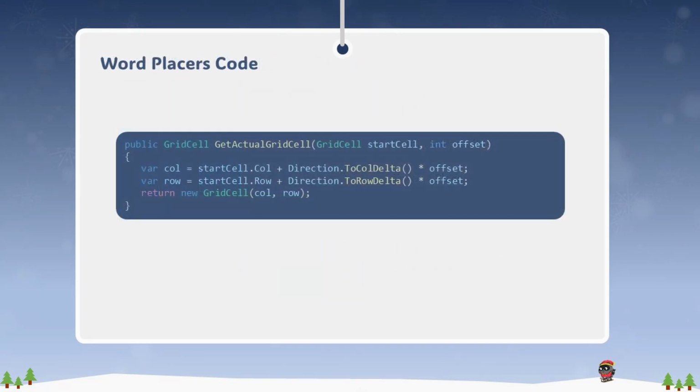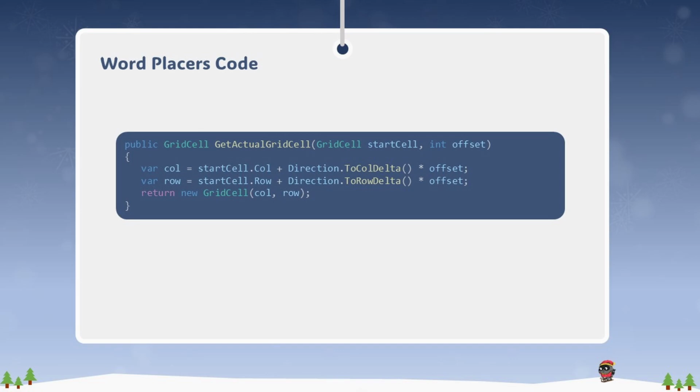So what does the code look like for each of these placers? Well, actually all the placers share 90% of the same code. When we want to actually get a cell location for the next letter in the word, we use this simple method here. This method takes two parameters, a starting cell and an offset, and the offset represents the index of the letter in the current word.